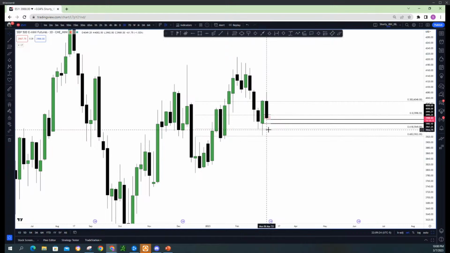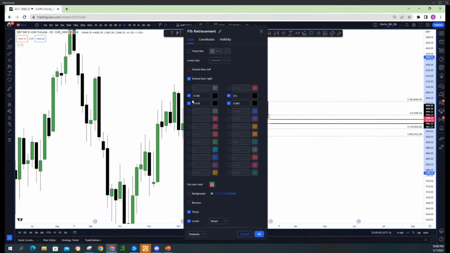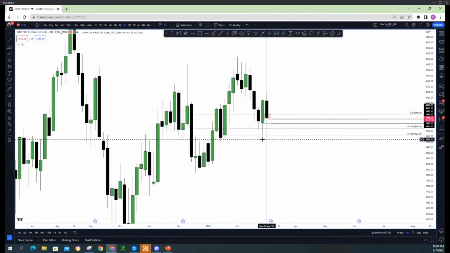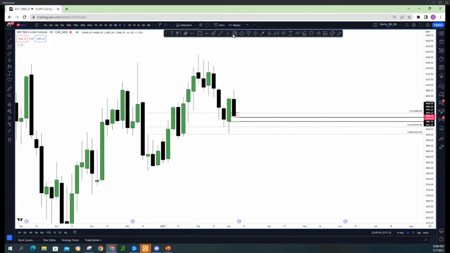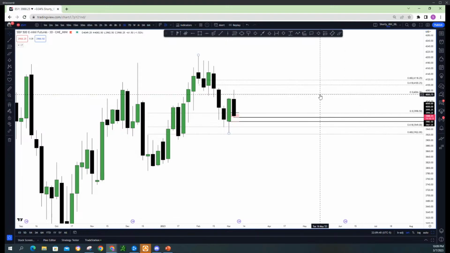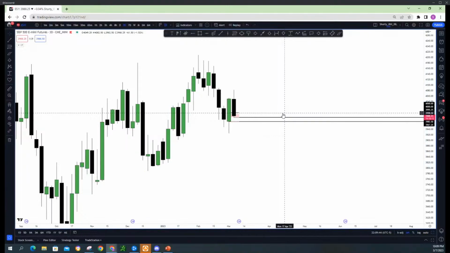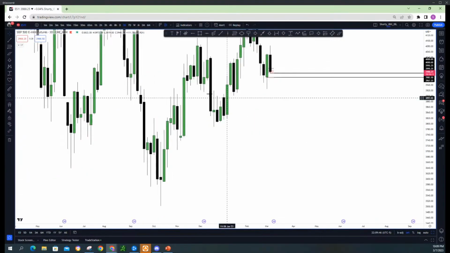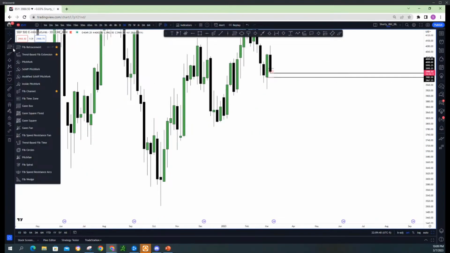And you see where we bounced right here. We bounced right off that golden pocket. Does that make sense? So low to high, you're looking for swings like this. And then high to low, you're looking for rejection. So if I was to grab this to here, you see that we are hitting the 50% as well. In most cases, 50% is considered almost like a discount and premium zone.